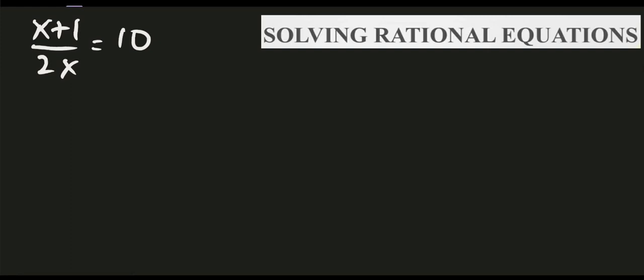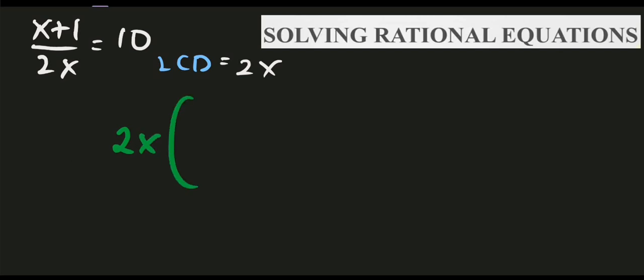Alright, so let's double check your answers. For this given problem, I think the value of our LCD here is obviously 2x, because we have the denominator of 10 as 1. Since the value of our LCD is 2x, let's multiply 2x to our expression.